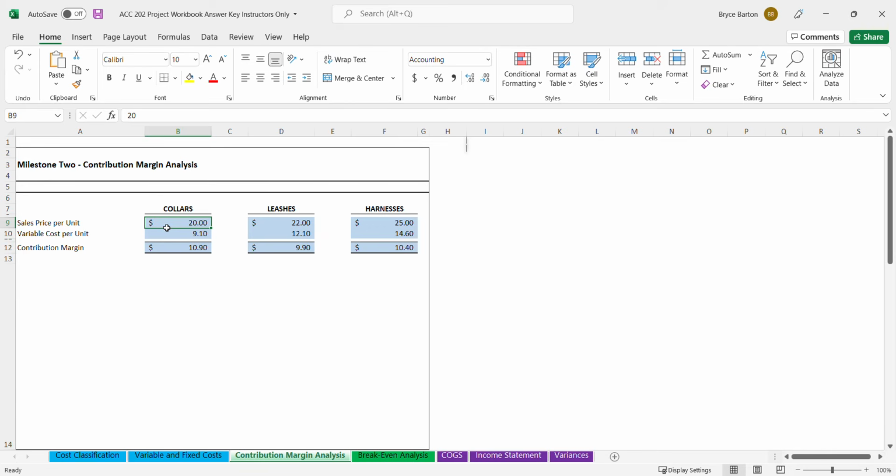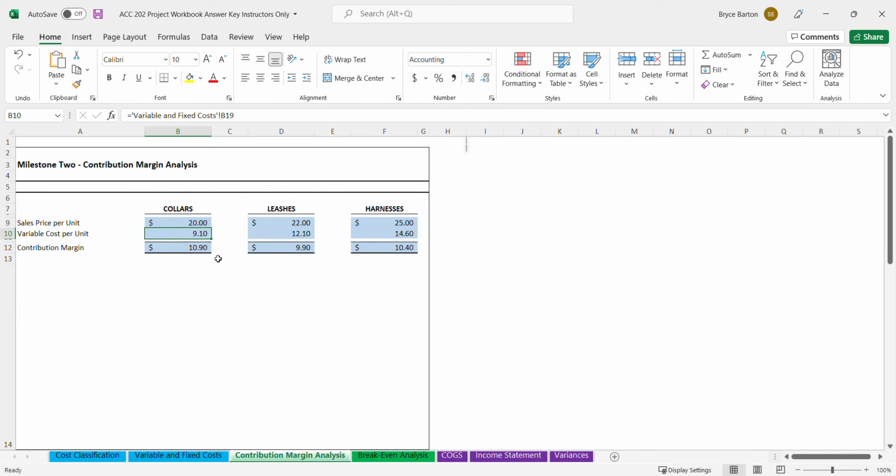For collars, with pricing at $20 per collar, you can expect to sell 30 collars per day, and it gives you price points of $20, $24, and $28. For this one, you just pick one that you want. I picked $20, so I entered $20 as the sales price per unit.